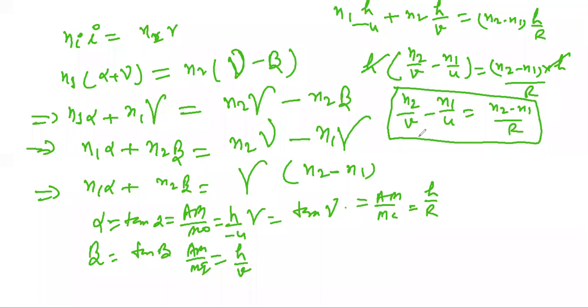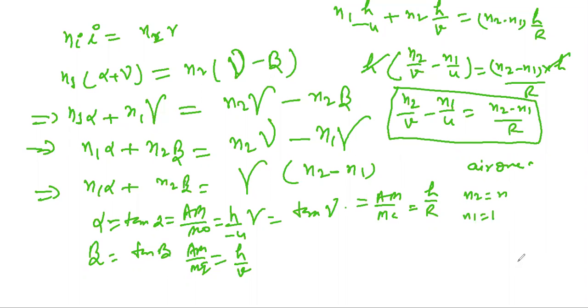We can do a modification here. Suppose you take air as one medium, and glass as another. So this N2 will be replaced by N, that is the refractive index, and N1 will become 1.